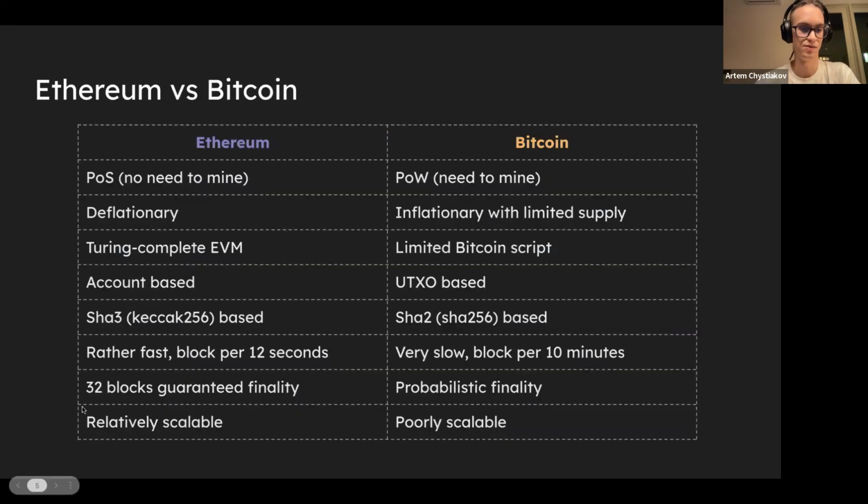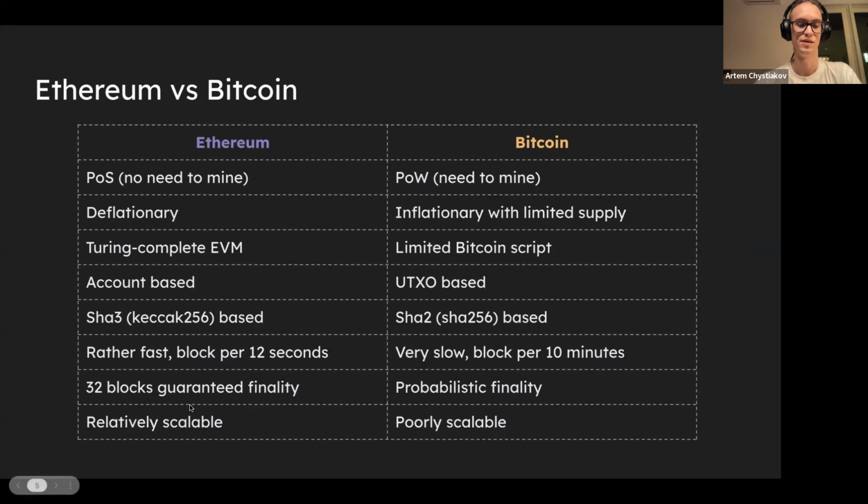Then there is finality. Ethereum has a guaranteed finality after the 30-second block that is added on top of the current block. Also, this is achieved by the proof-of-stake consensus mechanism.